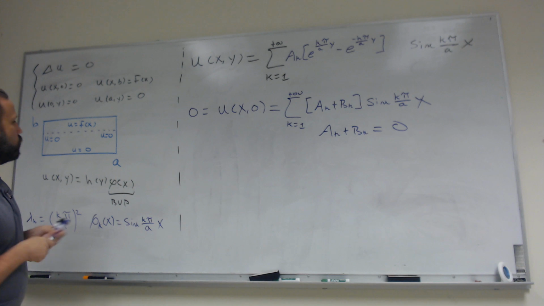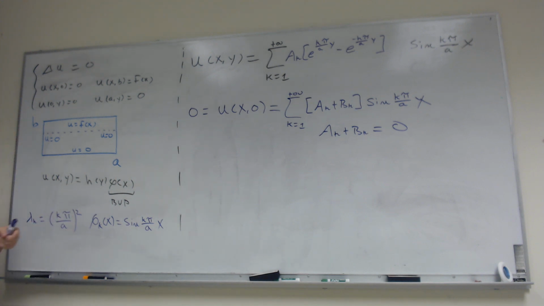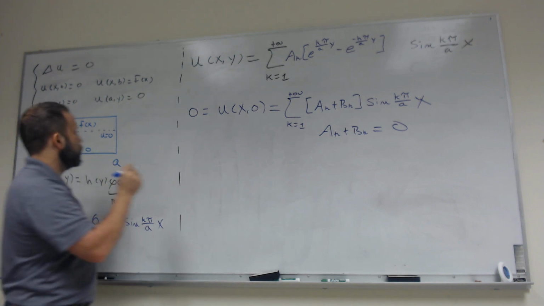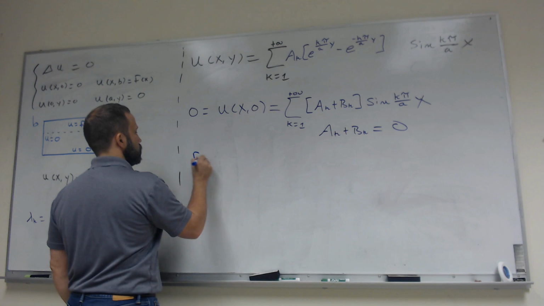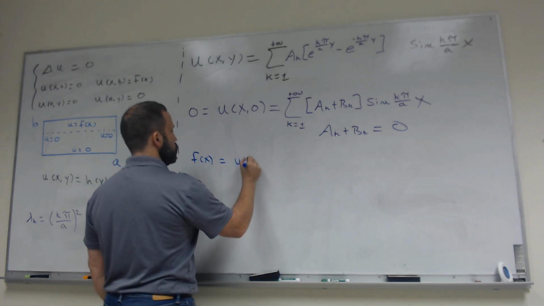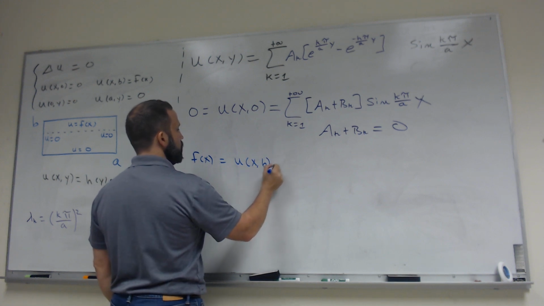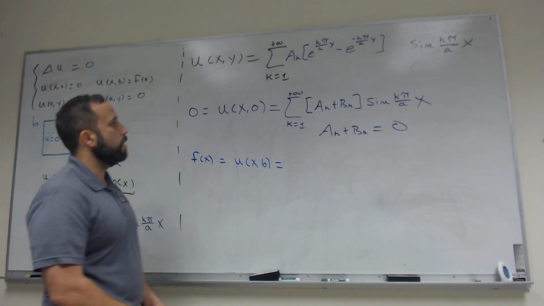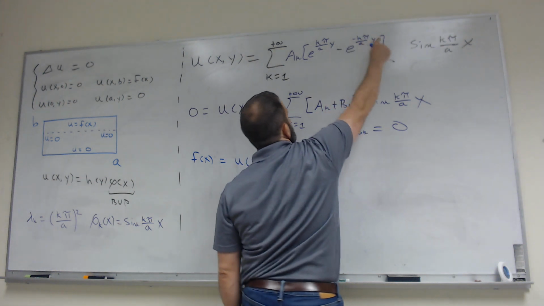All right, so now we want to figure out what AK is, and we're going to use this condition along here to figure out what the AKs are. So I know f of x is going to be equal to u of x, b. Now I'm just going to plug in y equal to b up here.